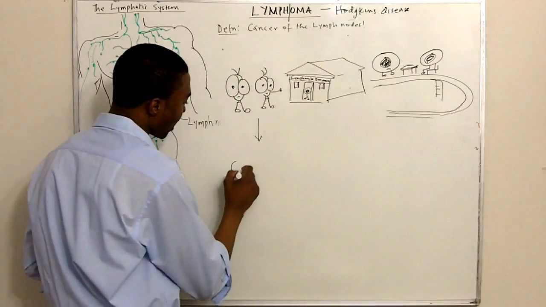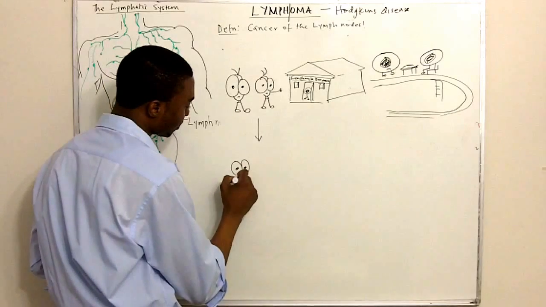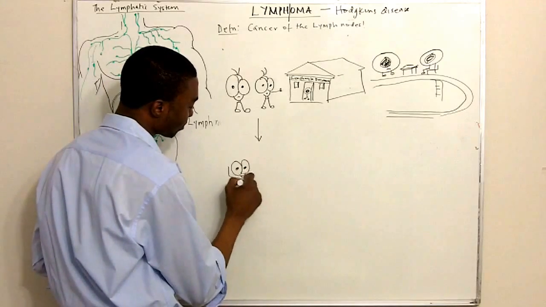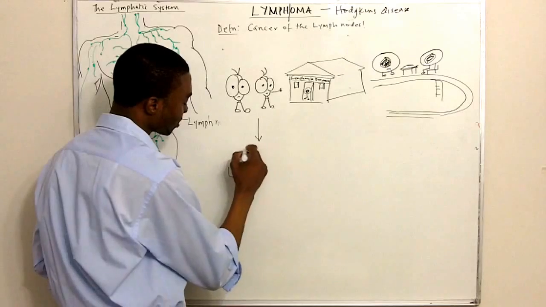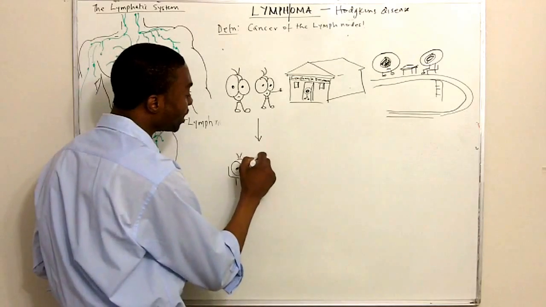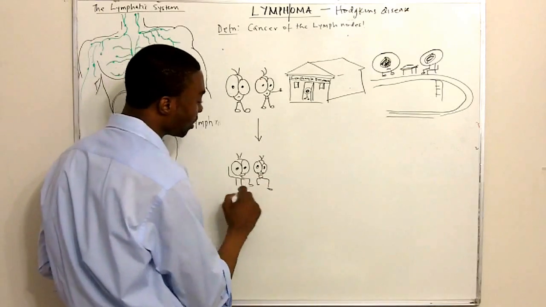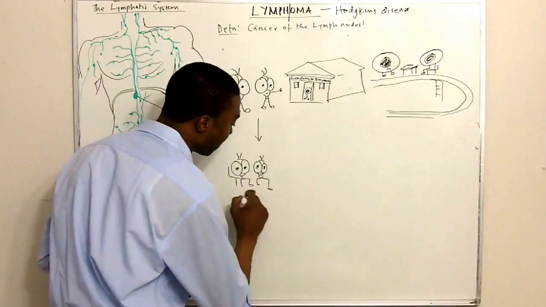So here come the 2 Reed-Sternberg cells, sitting down, having a drink. They start talking. They're like, oh, this is a nice party. We forgot to invite our sisters, and our brothers are not here, and everybody's having a good time.